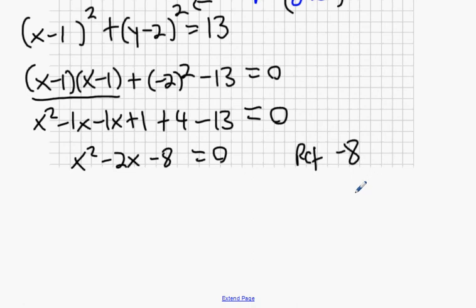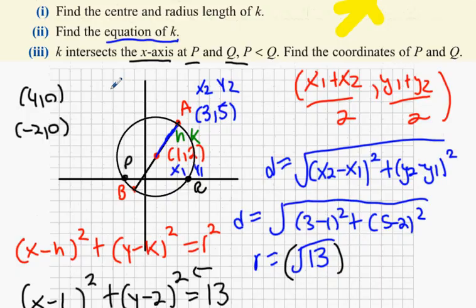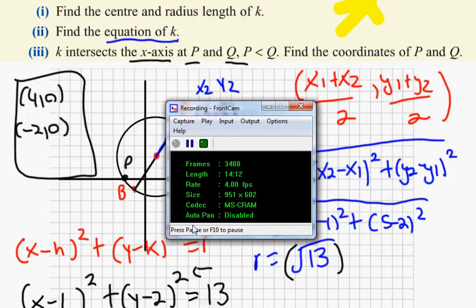What 2 numbers are we expecting? X minus 4, x plus 2 equals 0. So x plus 2 equals 0, x equals minus 2, and x minus 4 equals 0, x equals 4. 4 and minus 2. Is that what we expected? 4 and minus 2. Okay?